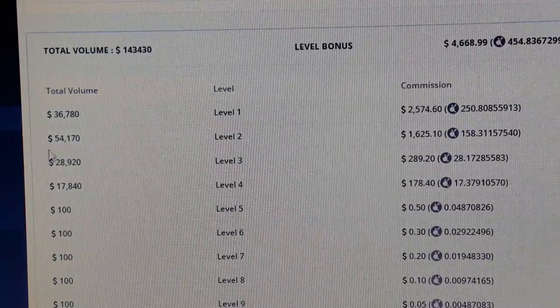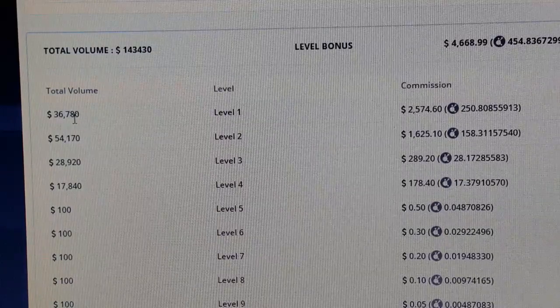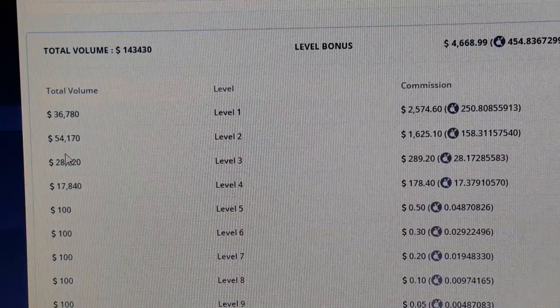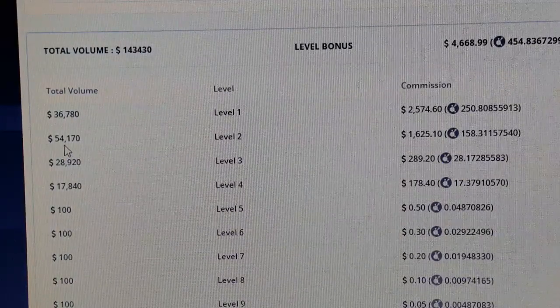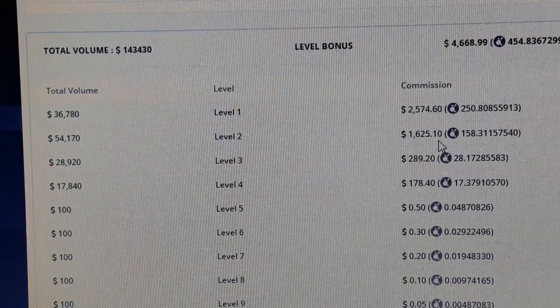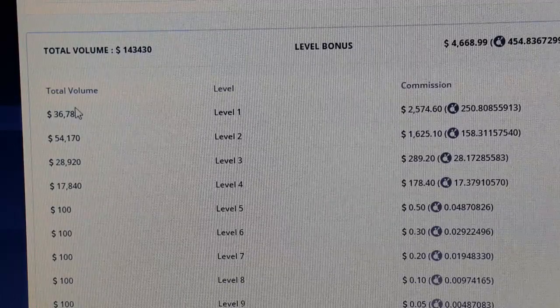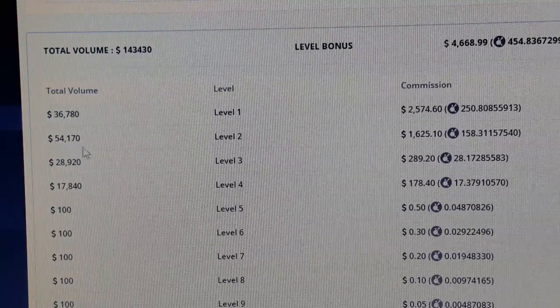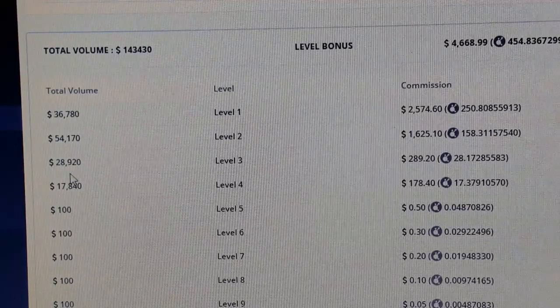And then these individuals have referred others who have put in $54,000 in loans, and that's level 2, and I earn 3% of that. So these people earn 7%, and I earn 3%, and down here I think I earn 1%.